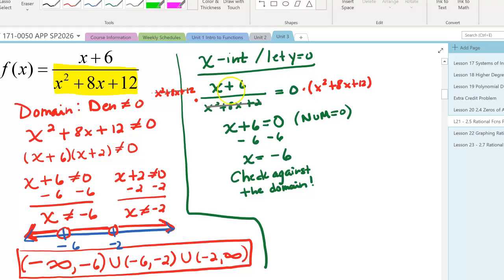Because if I use -6 in the numerator and the denominator, it's going to give me 0 in the denominator. And 0 over 0 is undefined. So since that was the only 0 of the numerator, we say this function has no x-intercepts.